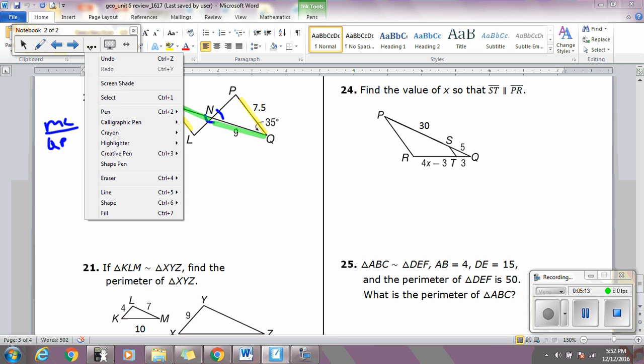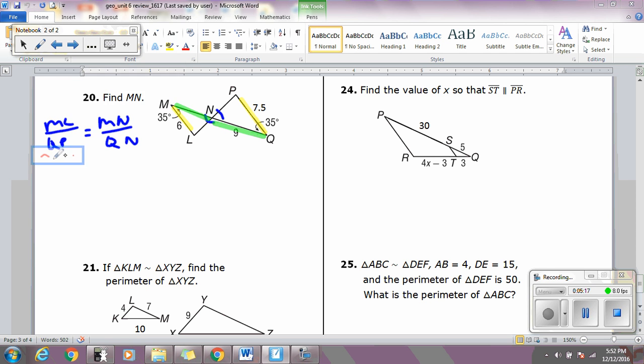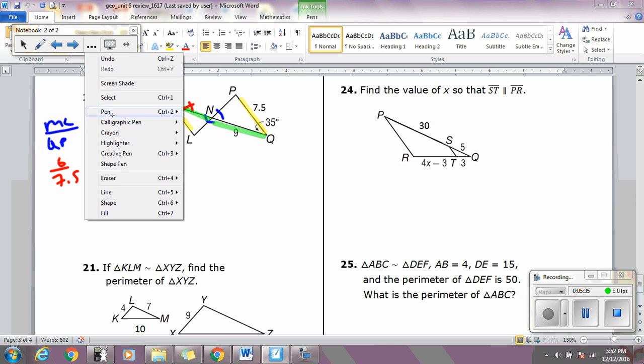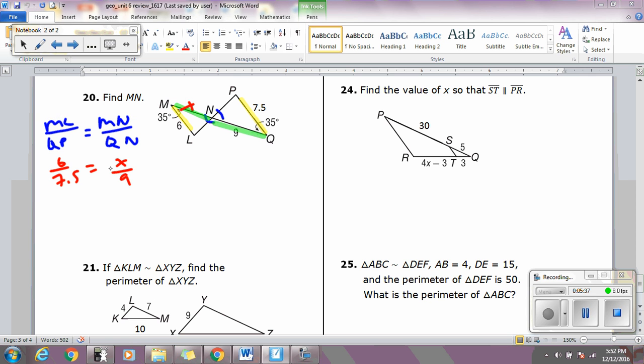So in this one, I'm going to call MN X. So now sub in the values they give us. ML is 6, QP is 9. I'm sorry, 7.5. MN is X, QN is 9. Now we cross multiply. 7.5 with X is 7.5X.